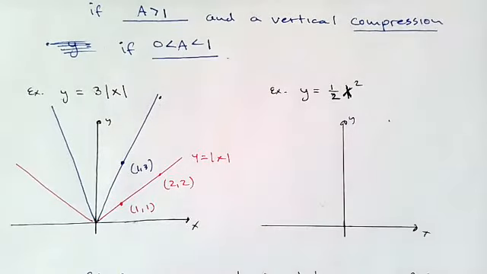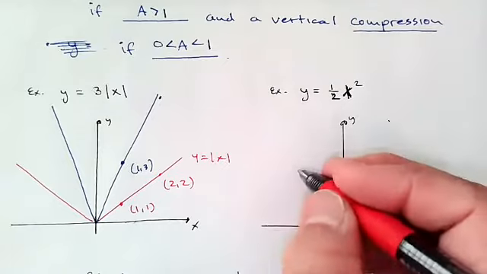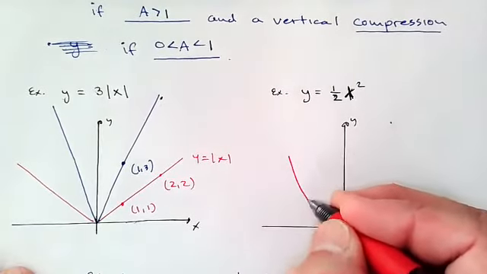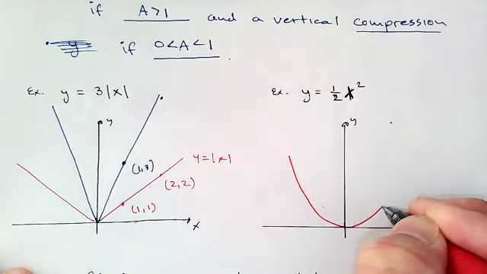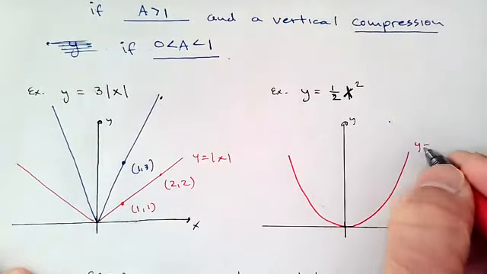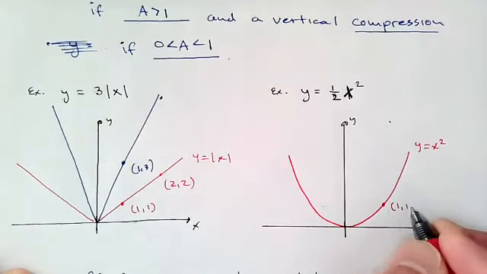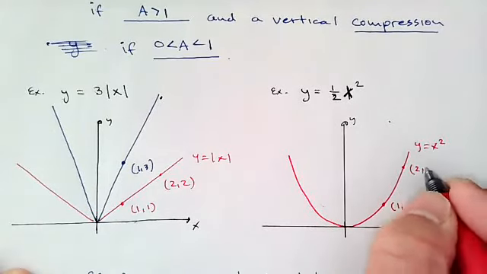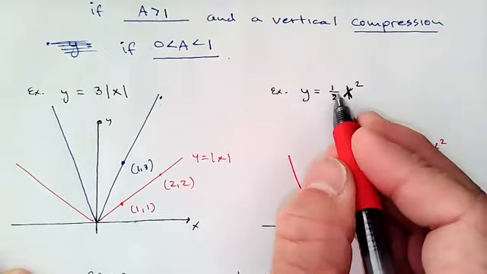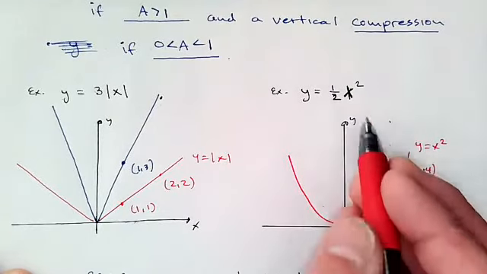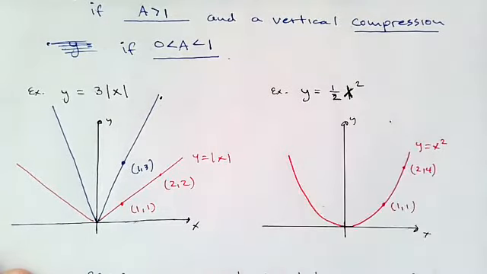Whereas a graph like y equals 1/2 x squared, here's my regular graph of x squared. Now I'm taking these y values and taking half of the y values, right? I'm still plugging in the same numbers, squaring it, but then I'm taking half of it.